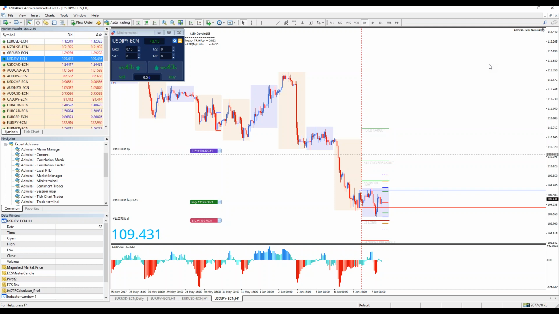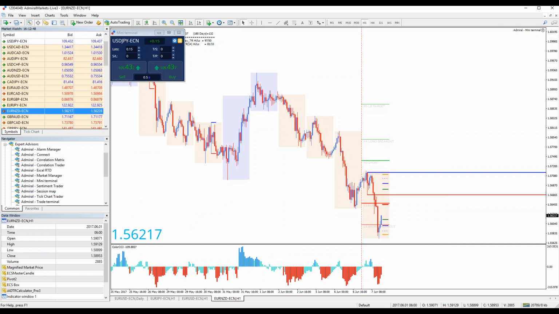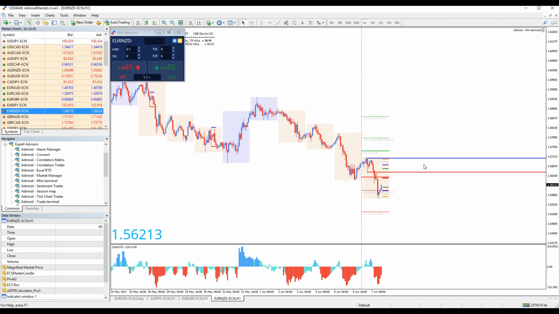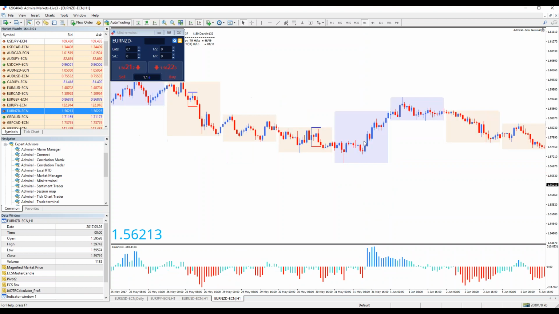Okay, Roland is asking, what do you think about Euro New Zealand dollar long? Yeah, it already happened. Yes, this is a correction in downtrend. So you could have gone just slightly above this hammer here.